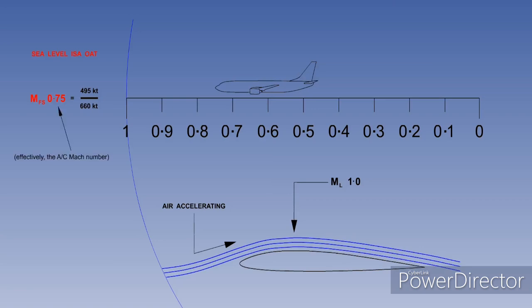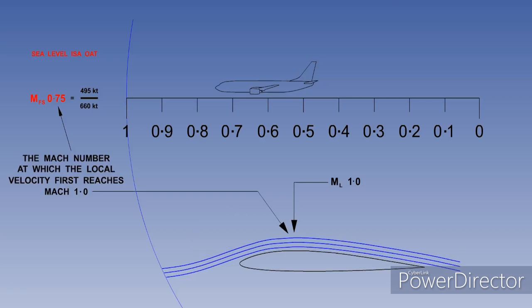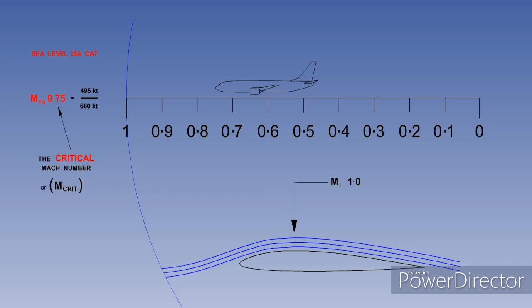Bear in mind that the free stream Mach number is effectively the aircraft Mach number you'll be seeing on your Mach meter. The aircraft Mach number, at which the local velocity first reaches Mach 1, is called the critical Mach number. The critical Mach number is usually shortened to M-crit.